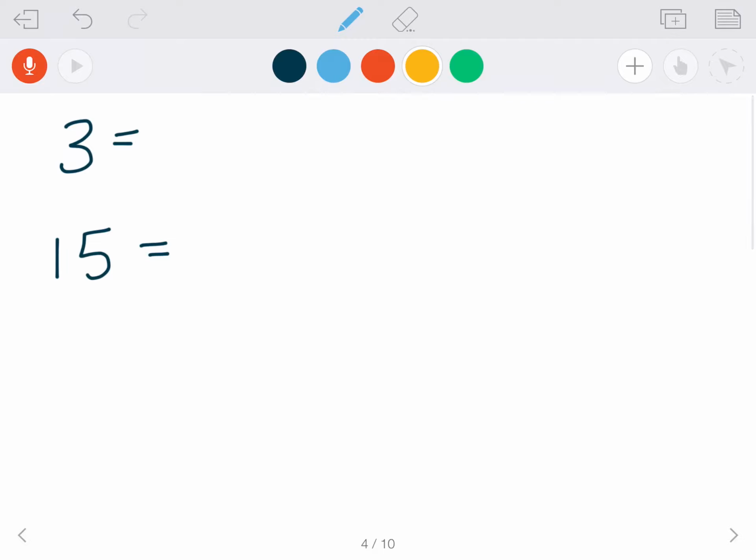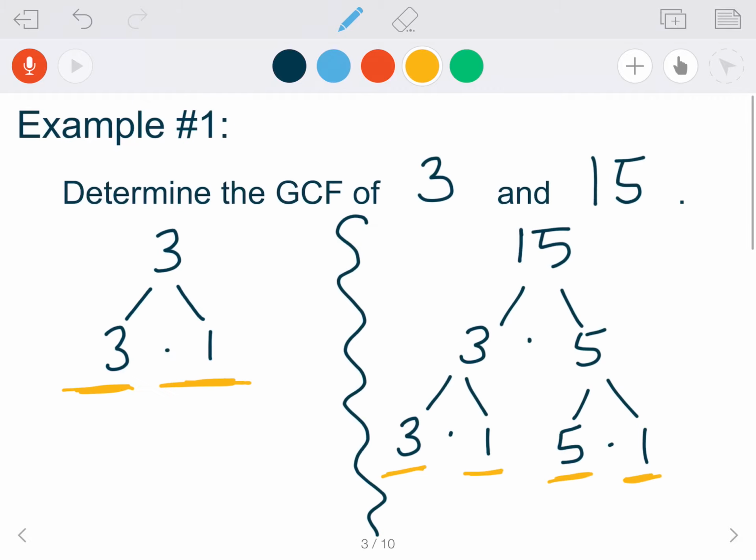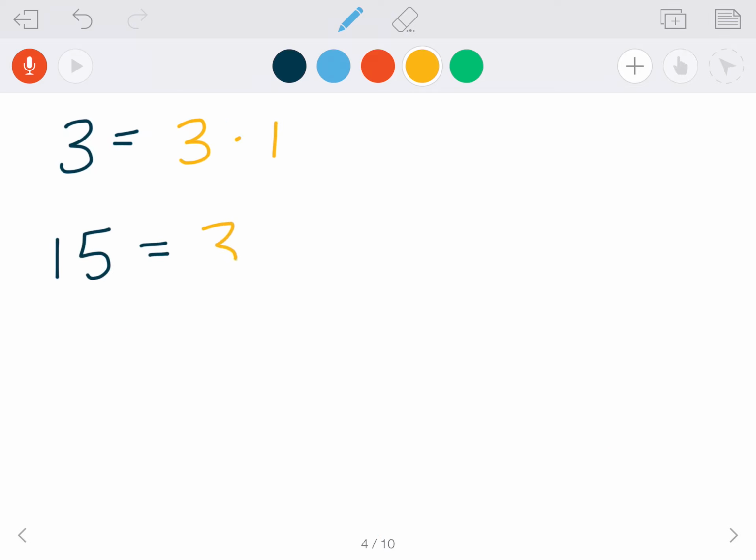So on the next page, I'm going to write 3 times 1. And that's it. Let's do the same thing for 15. The prime factors of 15 are 3 times 1 times 5 times 1. So I will write all 4 of those numbers on the next page. 3 times 1 times 5 times 1.